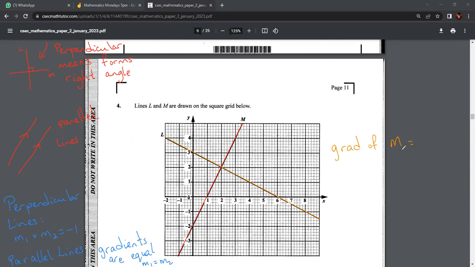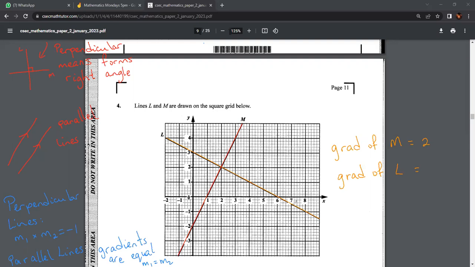So you guys remember the gradient of M? Two. All right, thanks. So the gradient of M was 2. So you're going to find the gradient of L.